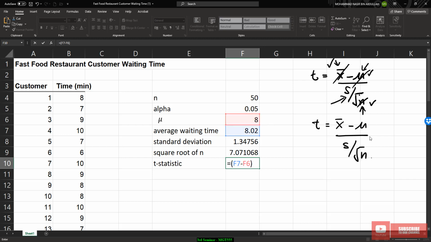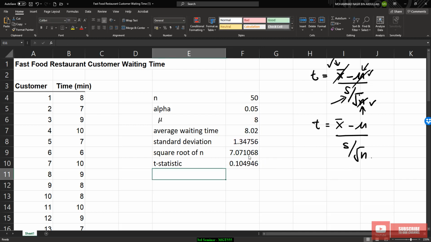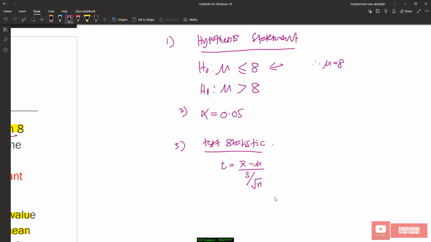And then we divide, in brackets, s, which is the standard deviation, divided by the square root of n. And we will get 0.104946. This is the t statistic. So once you have the value, you just plug it in here: 0.10495. Right, can you follow so far?